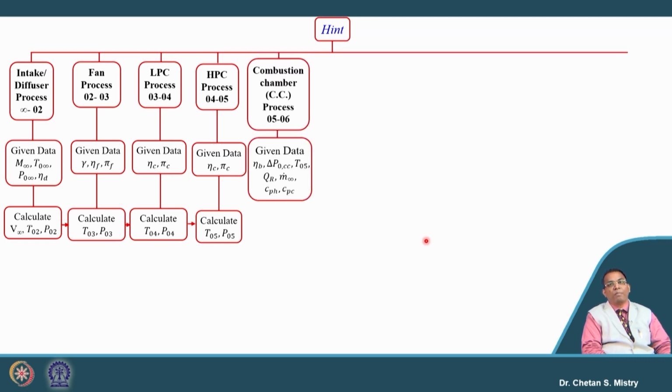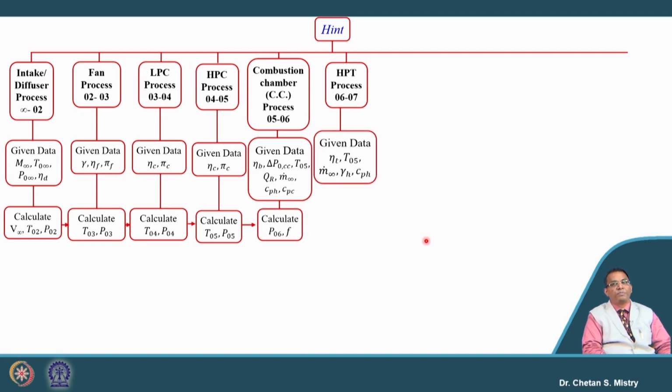For the combustion chamber, the combustion chamber efficiency, total pressure loss, turbine entry temperature and calorific value are known. We can calculate the total pressure at the exit of the combustion chamber and the fuel air ratio. We have our HP turbine. For this, we have the turbine efficiency, and we know our turbine entry temperature.